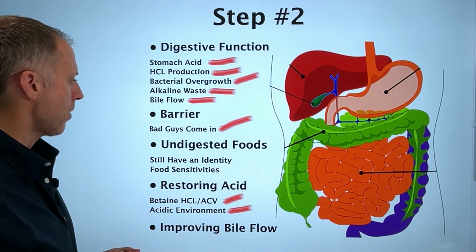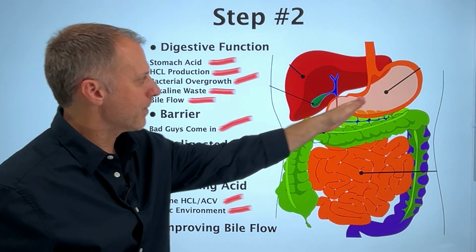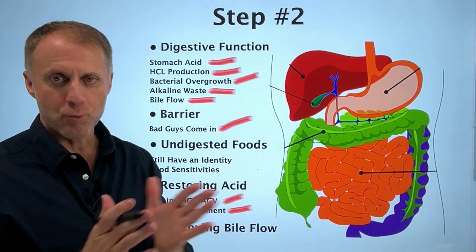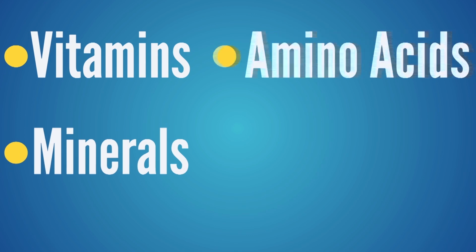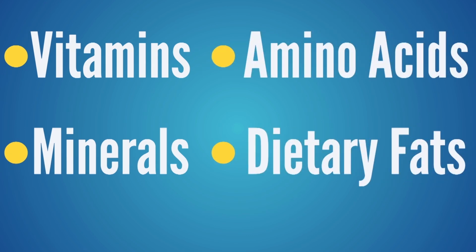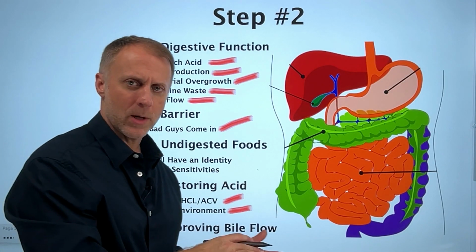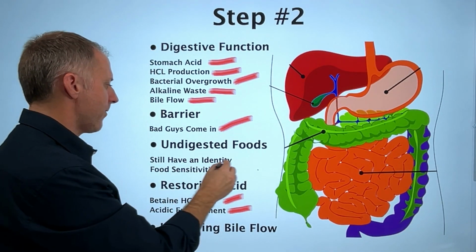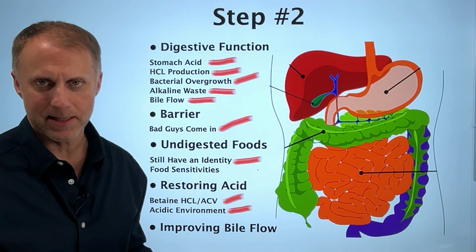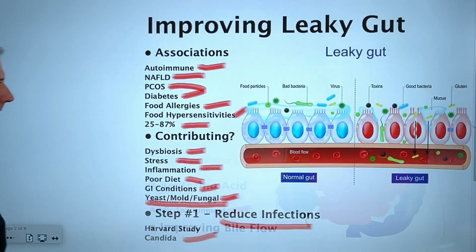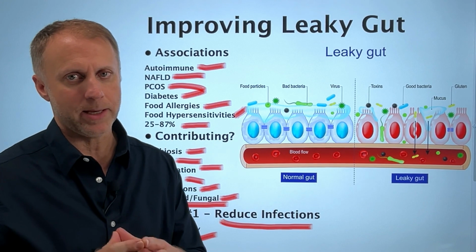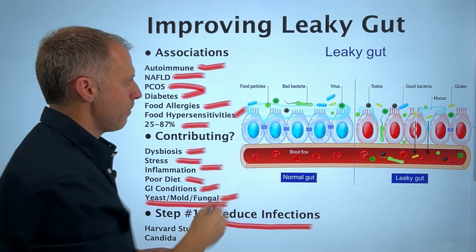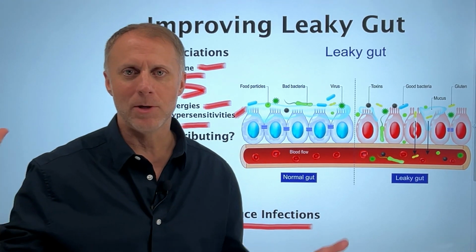And this is really problematic because it's this acidic product meeting the alkaline bile that really helps us break the food down into vitamins and minerals and amino acids and the dietary fats that we can utilize. And when they're not broken down properly, then those foods still have an identity. So if you're having a leaky gut issue here where things are coming through and you're not breaking down your food, well then these food particles still say, hi, I'm a chicken sandwich.